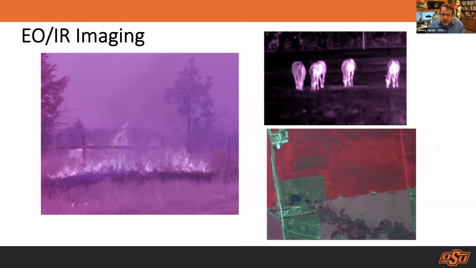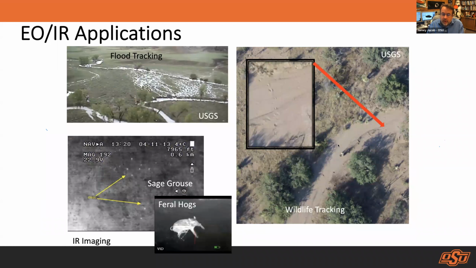But you can also, very helpful, IR, for example, sees through smoke very well, but doesn't see through water. So there are advantages and disadvantages to each one of the bands that you may have on a camera.